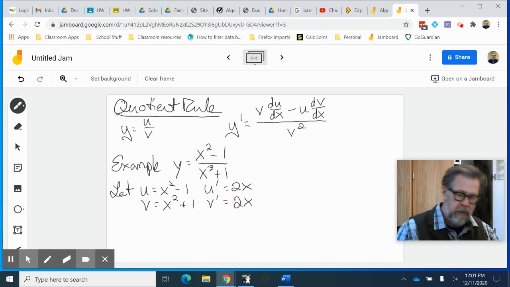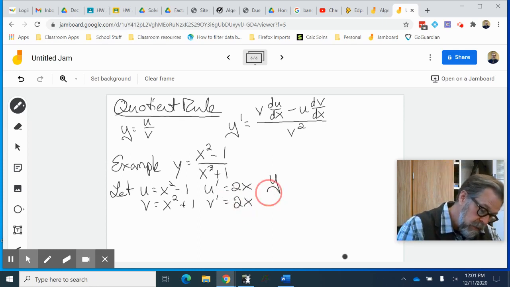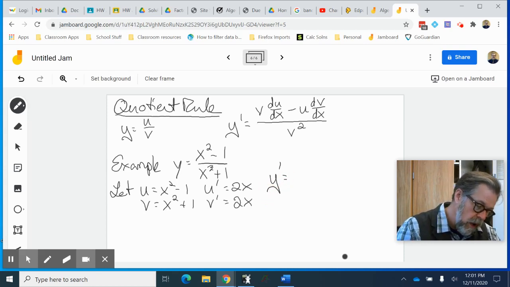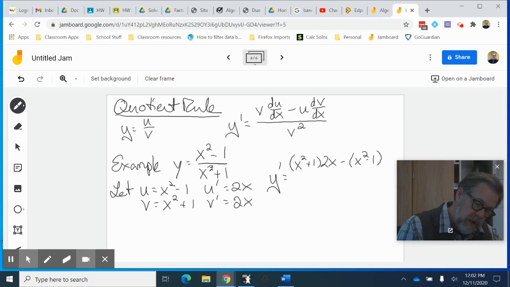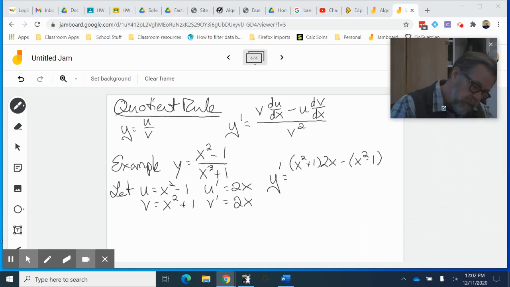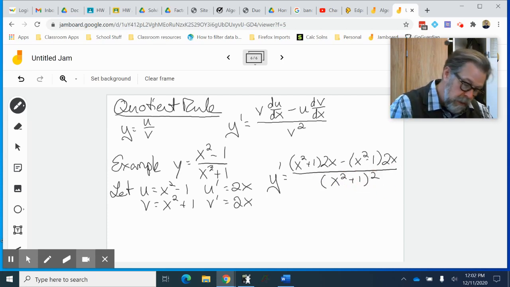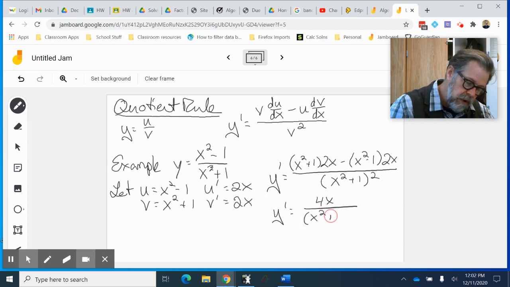The derivative of v with respect to x is 2x, which means that the derivative of y with respect to x is, here we go, v (x squared plus 1) times the derivative of u, 2x, minus u (x squared minus 1) times the derivative of v, 2x, divided by v squared, that's (x squared plus 1) all squared. If we want to simplify this, we get 4x over (x squared plus 1) all squared.